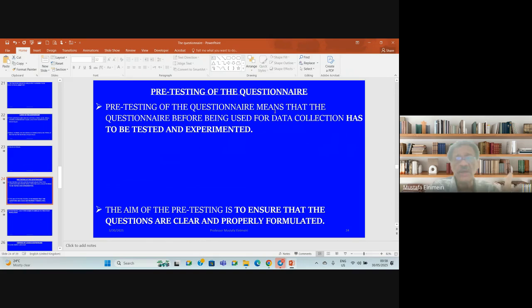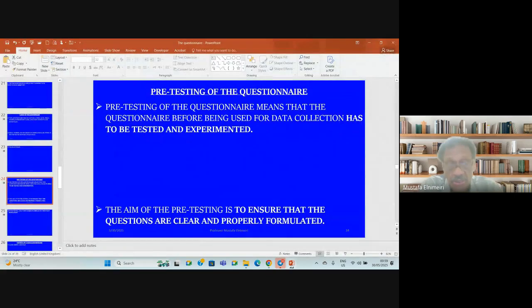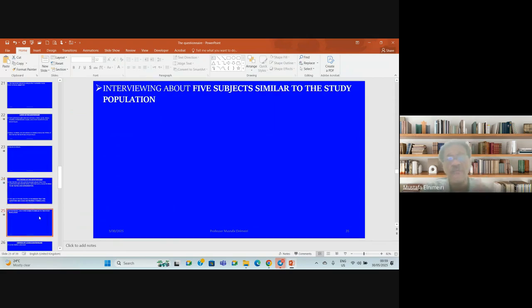The pre-testing of the questionnaire is important and means that the questionnaire, before being used for data collection, should be tested and experimented, to ensure that the questions are clear and easily understood by the respondent. The aim of the pre-testing is to ensure that the questions are clear and properly formulated, and if there are any problems, we have to remove them.